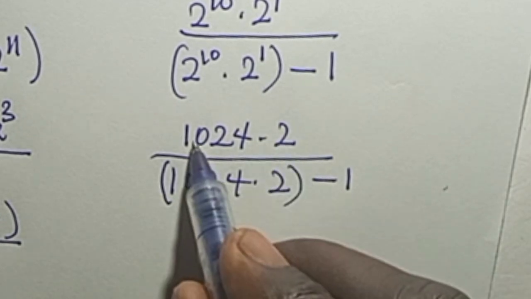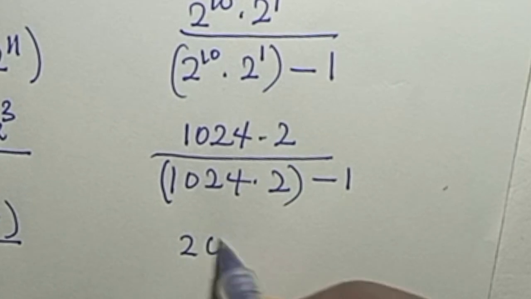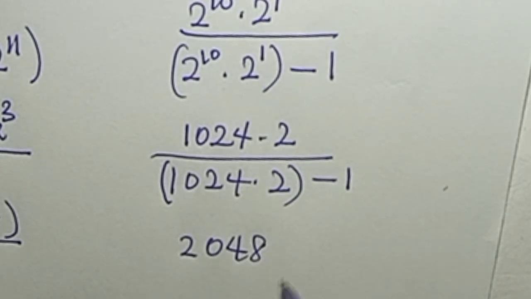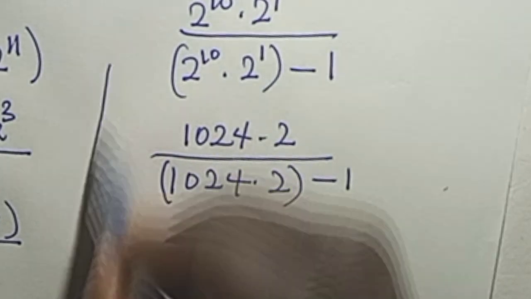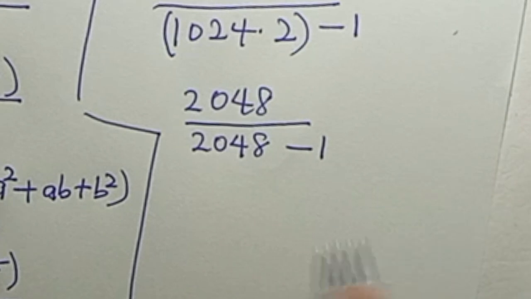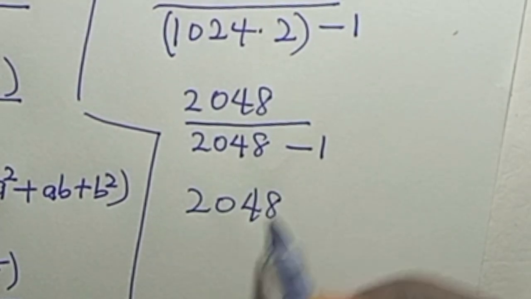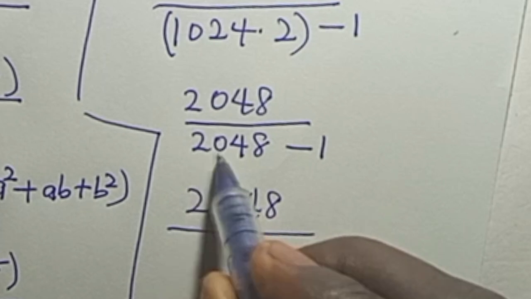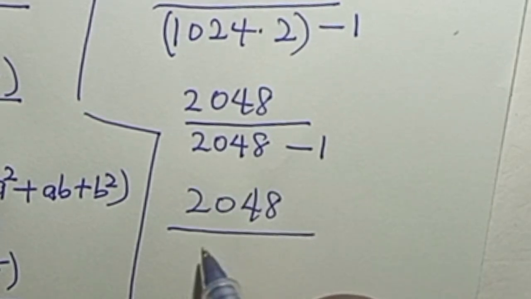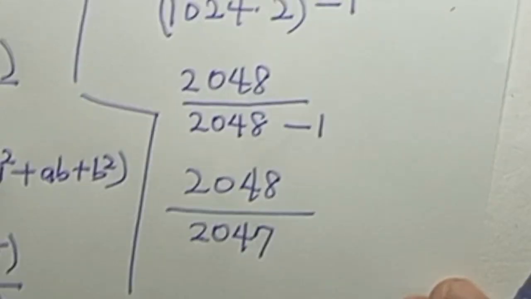So 2 times 1024 is 2048 over 2048 - 1, and this will become 2048 all over 2047.